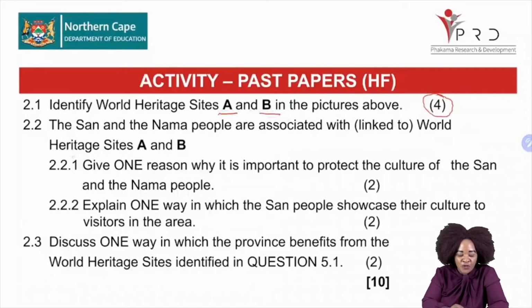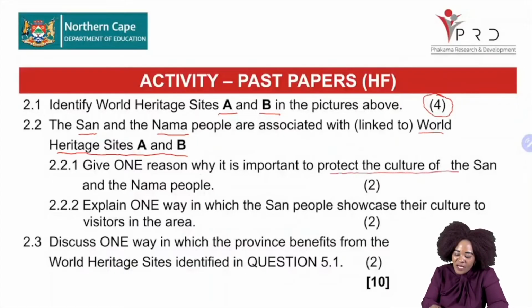In question 2.2, the San and the Nama people are associated with World Heritage Sites A and B. Give one reason why it is important to protect the culture of the San and the Nama people.